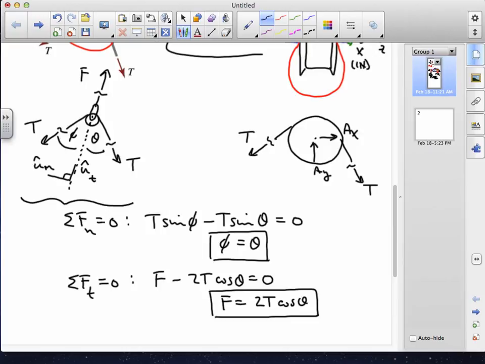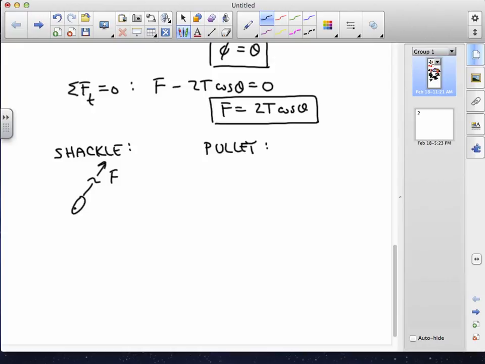If we like, we can now disassemble the shackle from the pulley and get an alternative free body diagram from the first one that we showed right here. Equilibrium of the shackle in the tangent direction requires that the net force at the shaft be also equal to F, equal and opposite to F. But since we know that F equals 2T cosine theta, we could alternatively represent that in the following way.